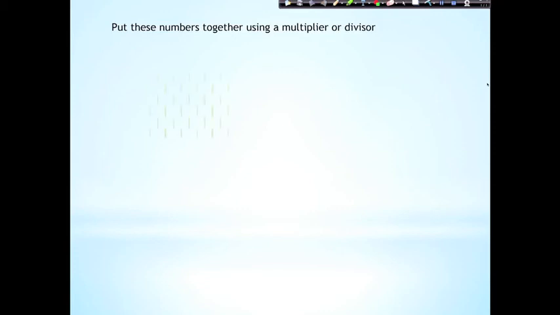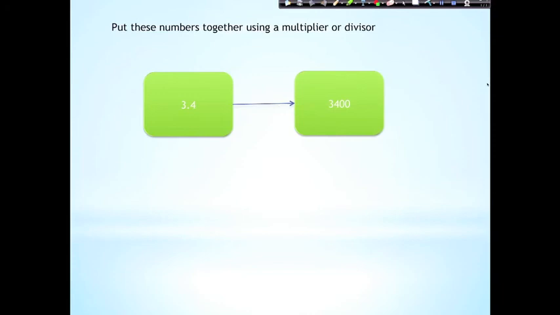So we want this number, 3.4, to go to 3,400. So how do we go from 3.4 to 3,400? Okay, and the answer is timesing by 1,000.